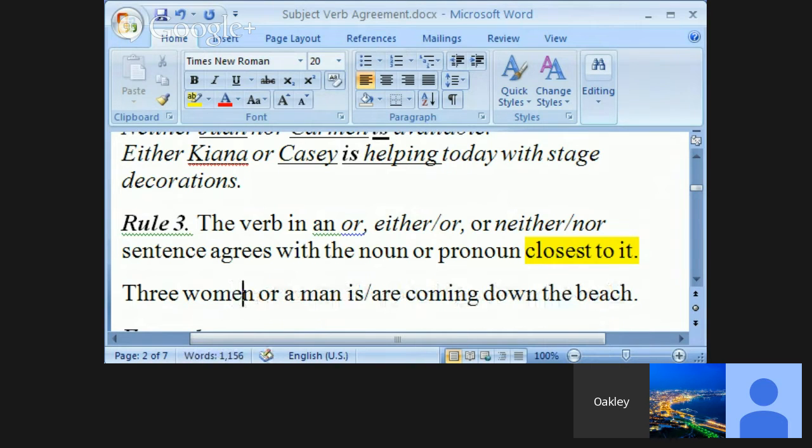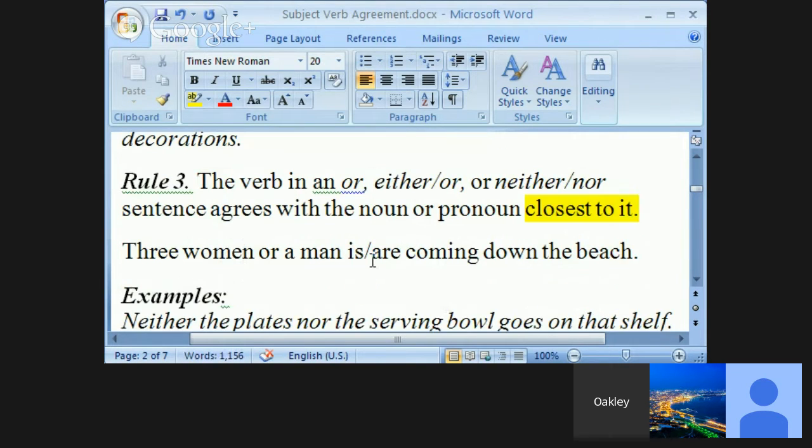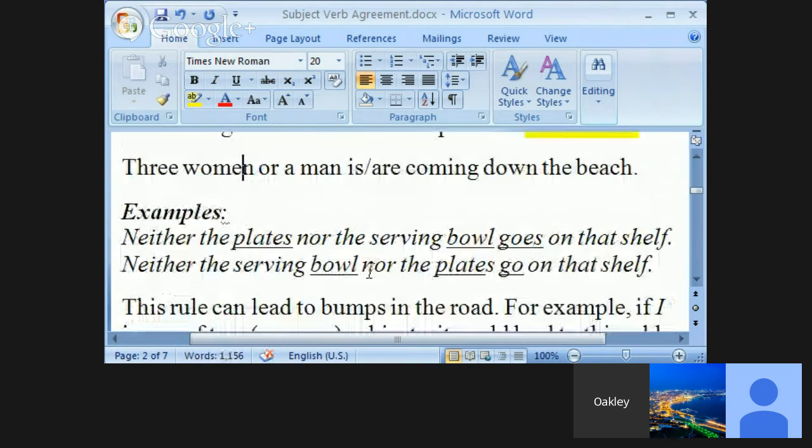Why does it keep doing that? All right. That's it. Okay. Here's a couple more examples. Here's one with neither nor. So hold on to your hats. Neither the plates. Hussein, plates here is singular or plural? Plates, of course, plural.